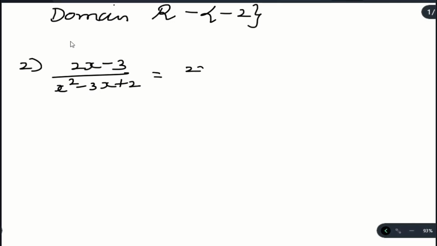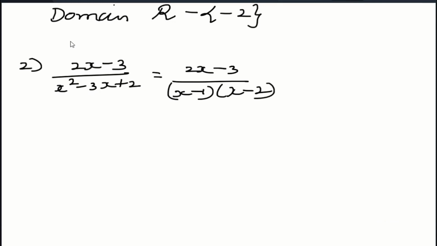It becomes 2x minus 3 by, what is the factor of x square minus 3x plus 2? It is x minus 1 into x minus 2. This is the factorization of this quadratic.